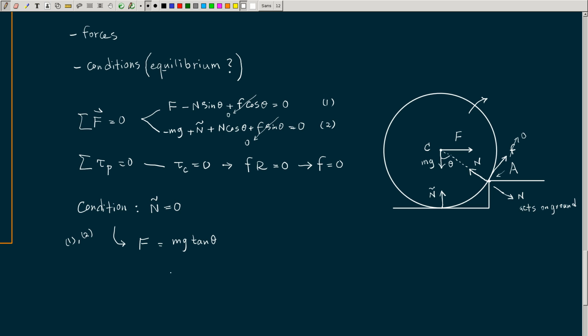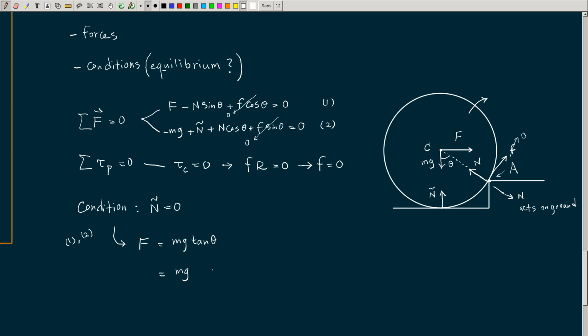Okay, and the problem is solved. Basically, the only thing you need to know is to find tangent theta in terms of h. This is the h, and this is the r. So you can just draw a circle here and do the calculations. I'm not going to draw the circle. I don't want to make the picture messy and scary.